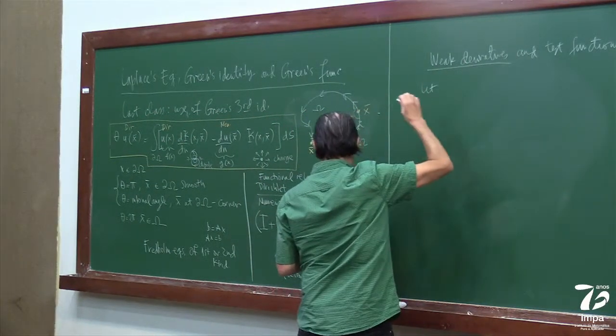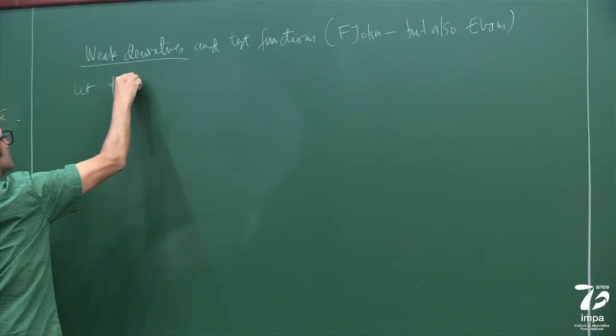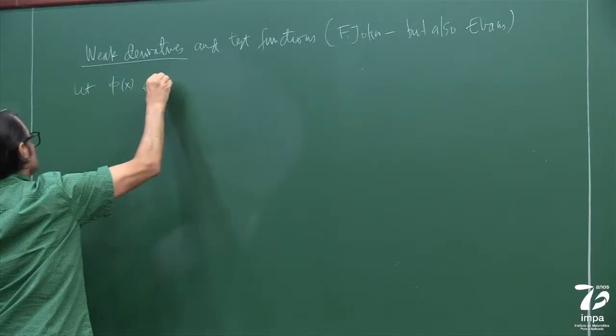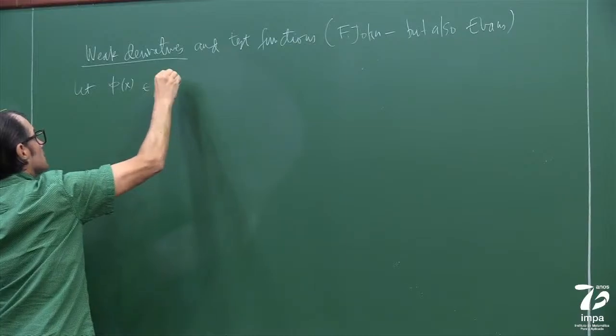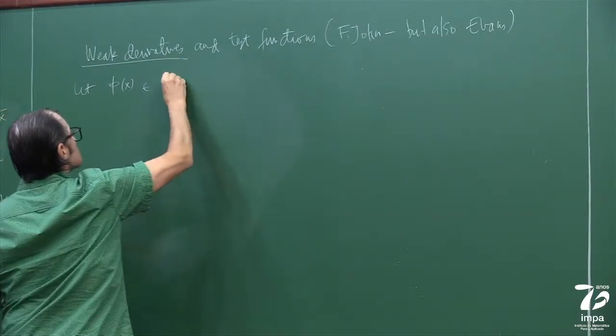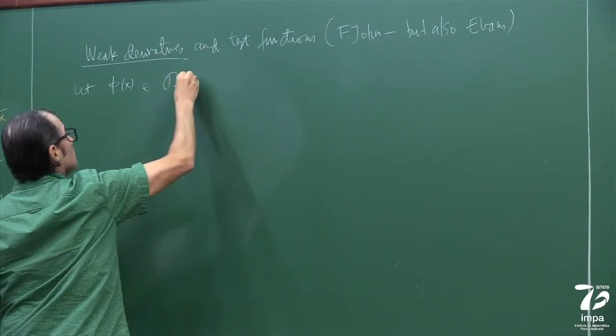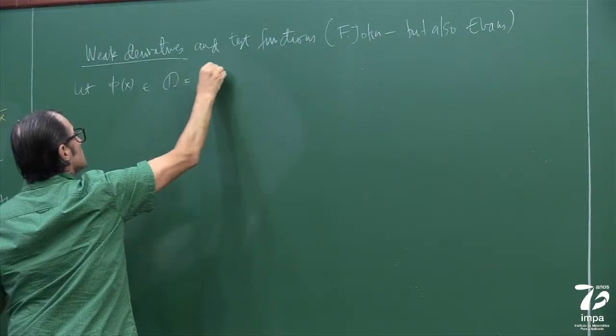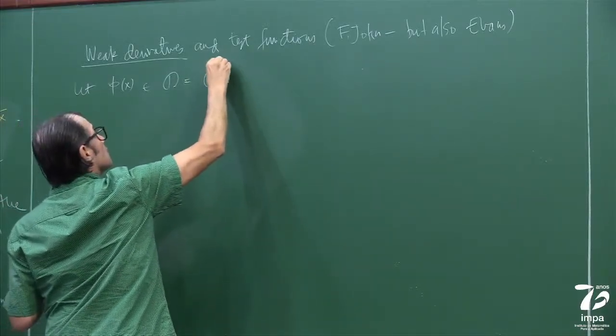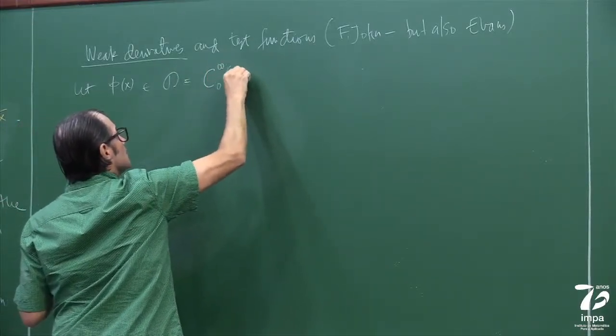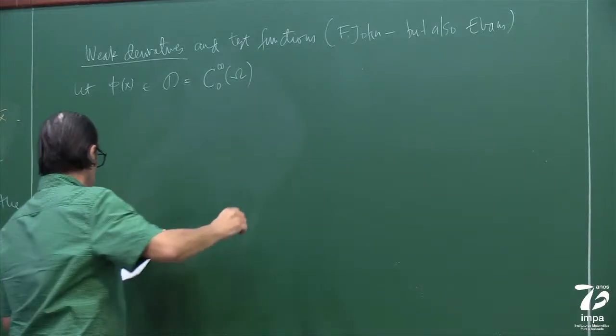Let phi of x be our test function, which we're going to call in this set script D, just a calligraphic D, of functions which are smooth and of compact support.